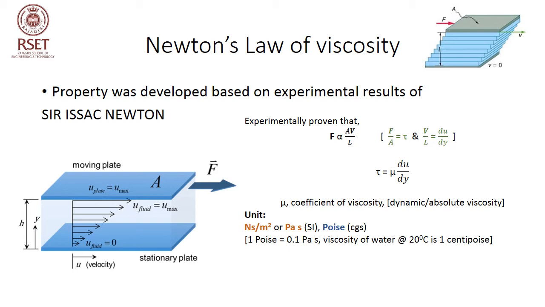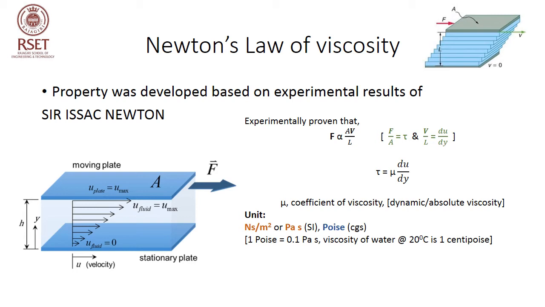It acts as the slope of the corresponding plot between the velocity and y. So from there we can define V by L as du by dy, where u is the velocity and y is the distance between the plates.